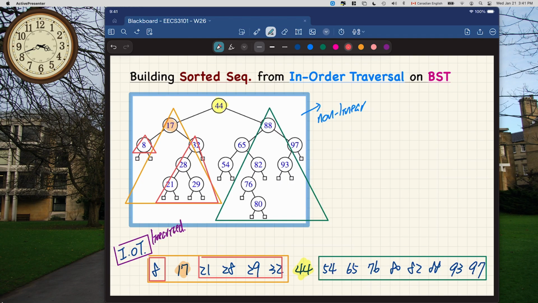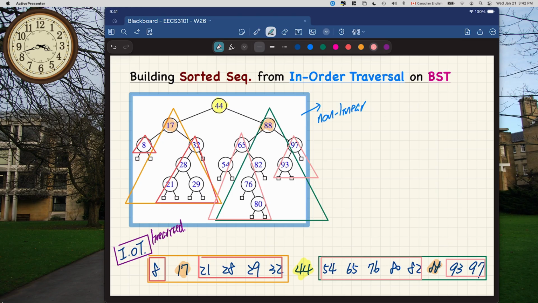And symmetrically, I can also do, let's say, given 88, which is right here, this one over here, left subtree, and also right subtree. You can see left subtree over here, and also right subtree over here. And then you can feel free to go a little bit deeper to see how you can get down to the base cases. What will be the base cases?